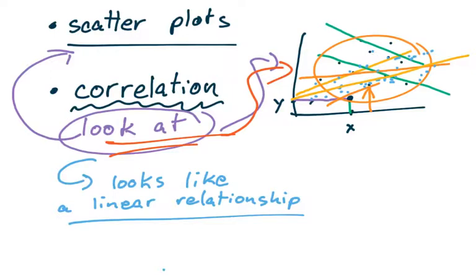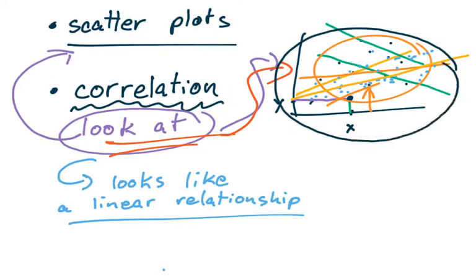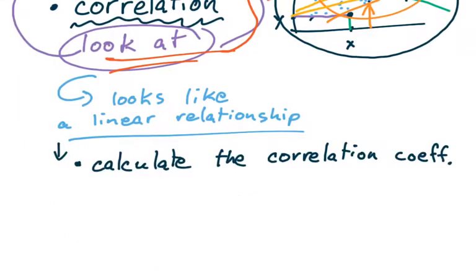So if it looks like the X values and Y values are correlated, we'll go ahead and calculate the correlation coefficient. Remember, that one is what we call the Pearson's product moment correlation coefficient, or the PPMC for short.